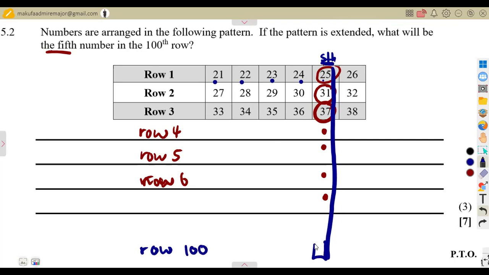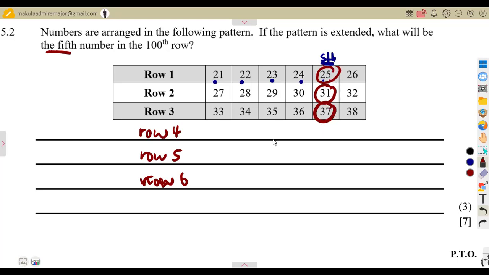We need to know what is going to be the number in row 100 on the 5th number. So as these numbers are forming a pattern, what type of a pattern are they forming in the 5th position? In the 5th position, we are forming a sequence.